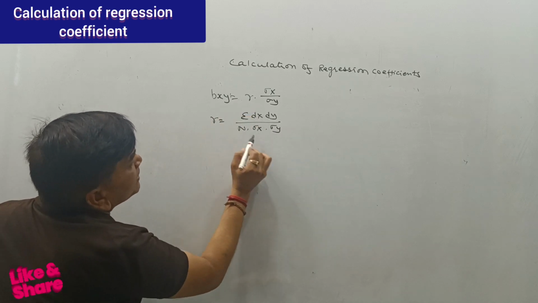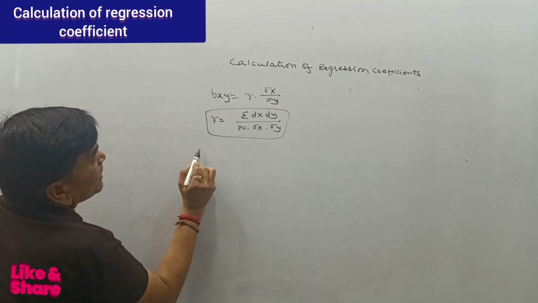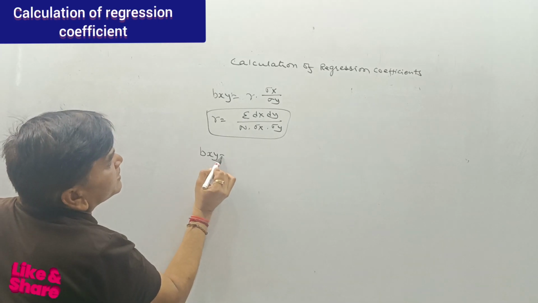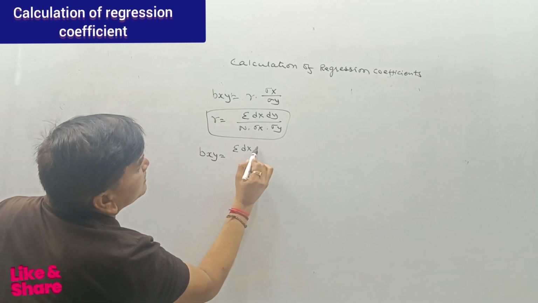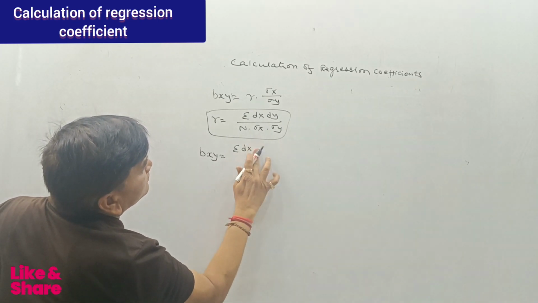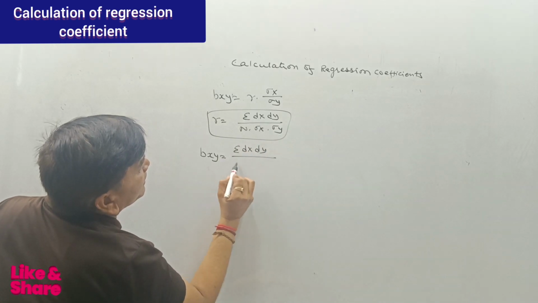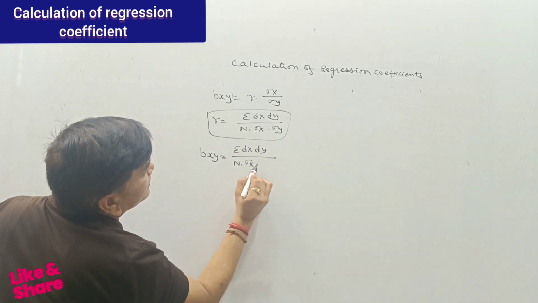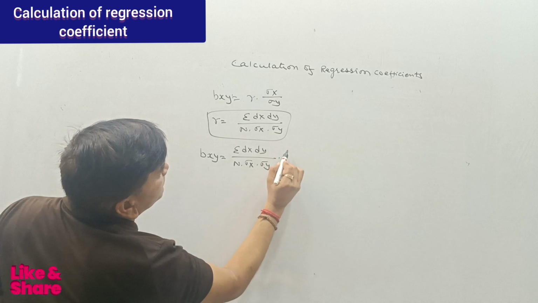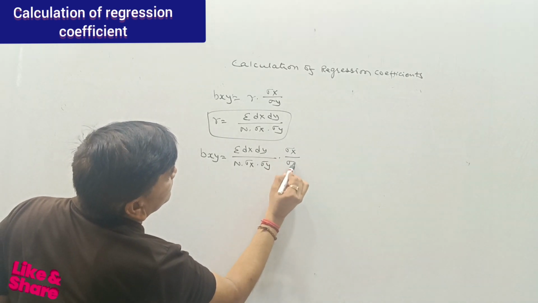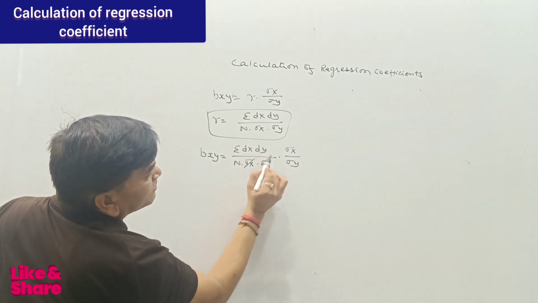So by putting the value of r in bxy, bxy is equal to sigma dx dy divided by n standard deviation x standard deviation y, multiplied by standard deviation x upon standard deviation y. Both are same.